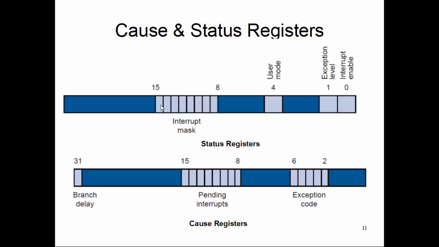In this example, 8 bits are allocated to support 8 peripheral devices, and if they are all 1, that means any one of them is allowed to make an interrupt. Now let's say one of the bits becomes 0. That means the corresponding device is not allowed to send an interrupt.